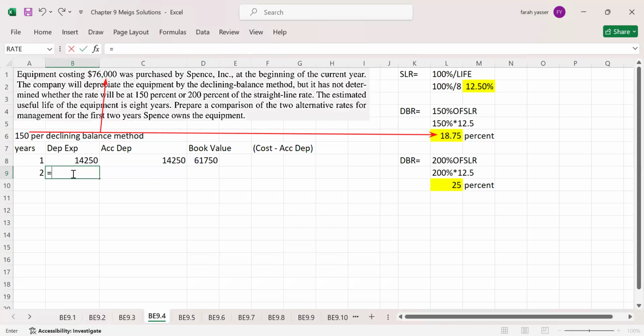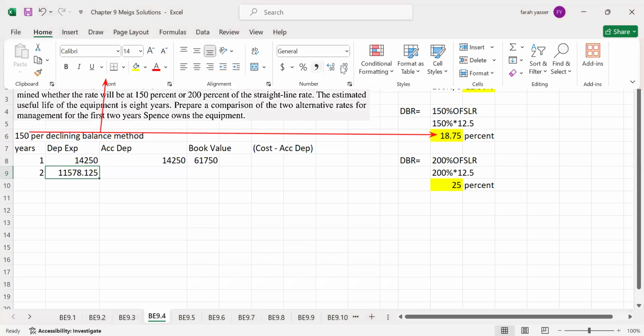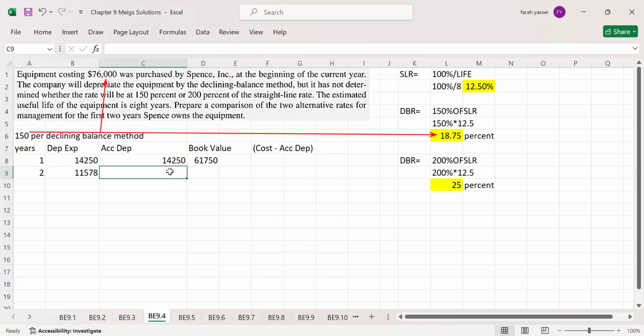So book value is 61,750 multiplied by 18.75%, which is 11,578. That is the depreciation.